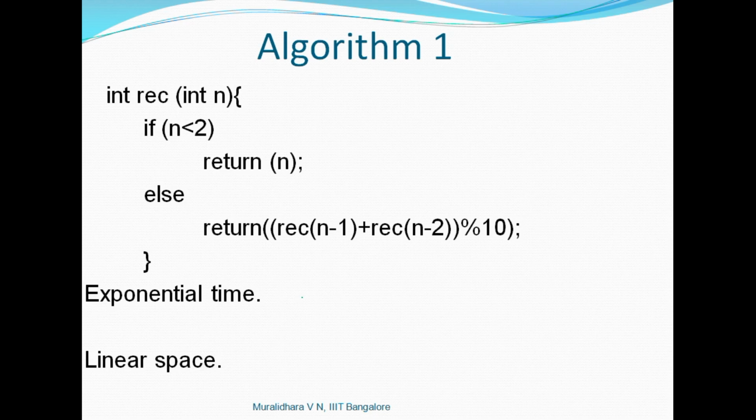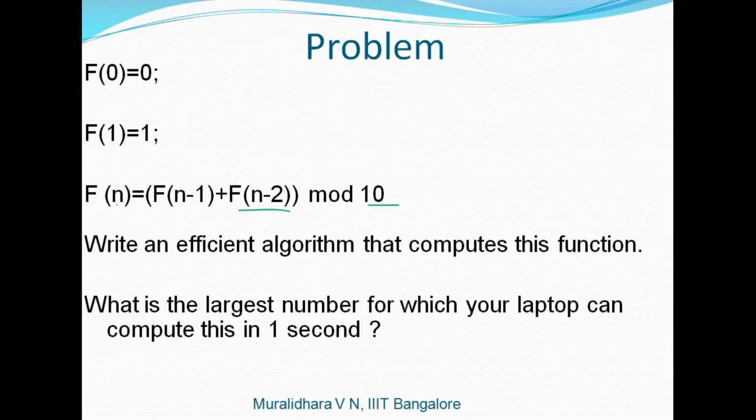So one important observation here is that f of n is defined as f of n minus 1 plus f of n minus 2 modulo 10. So we could store all the previous values of f of n in an array, and when you have to compute f of n, you just add the previous two numbers.